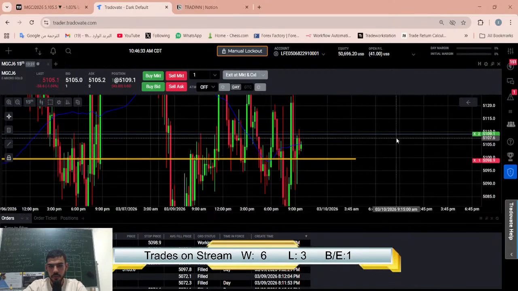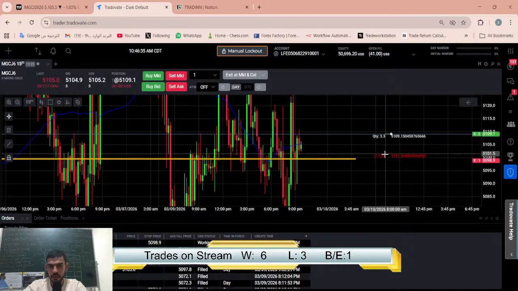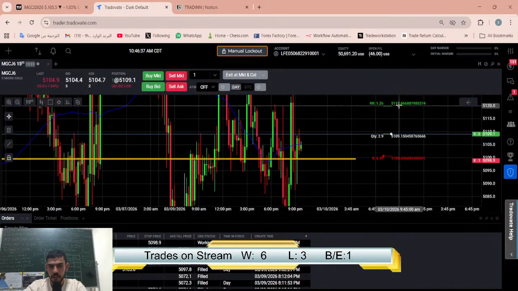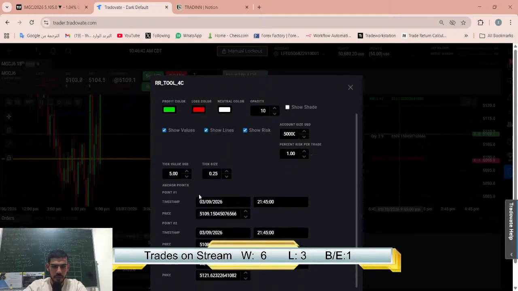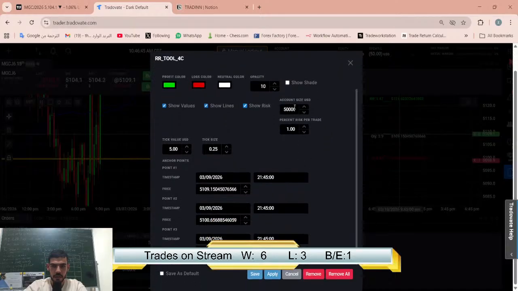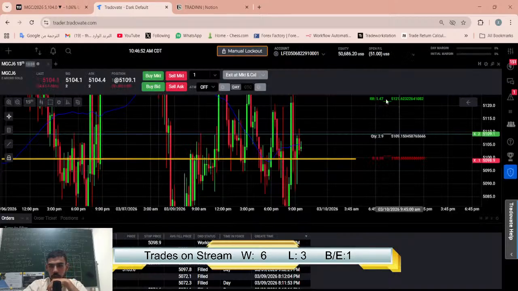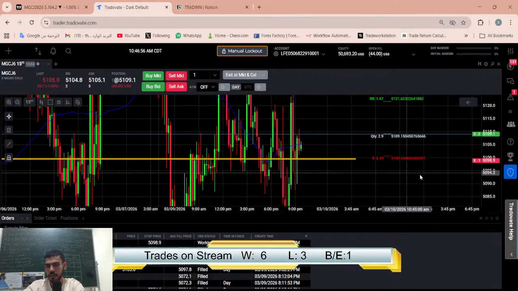All right, so for example, I entered here, stop loss is here, and take profit is here. Timestamp, tick, use colors, lines, percent risk per trade. Oh, okay, so 1 to 4.7, 8.49.